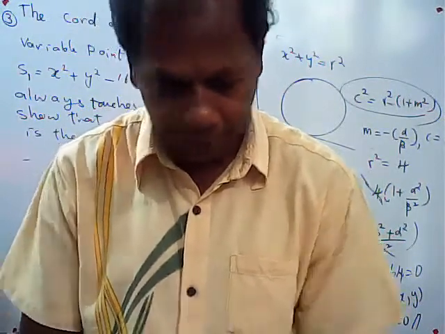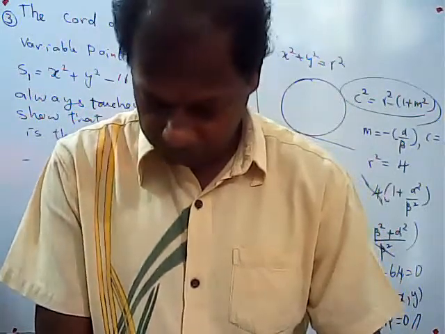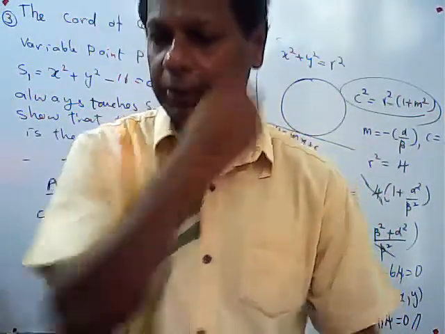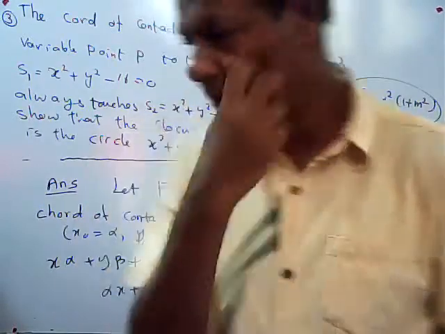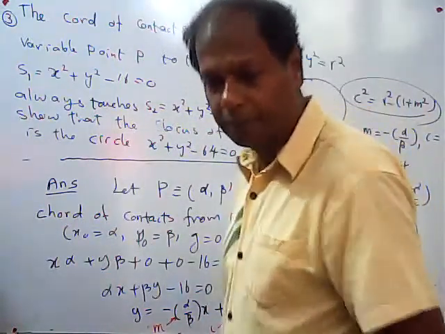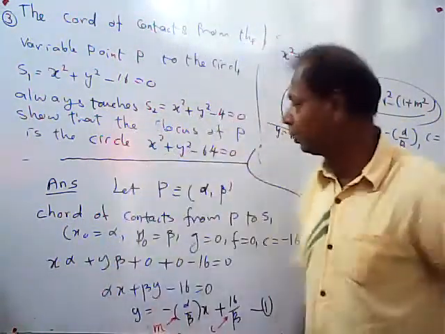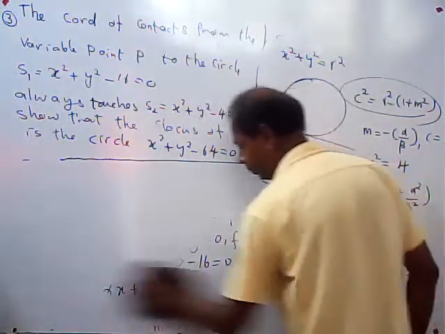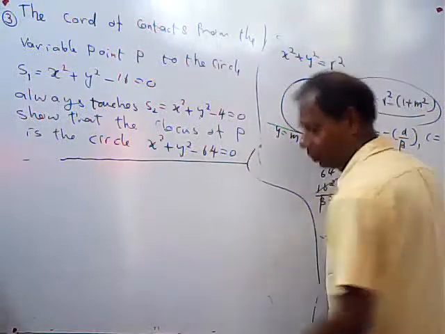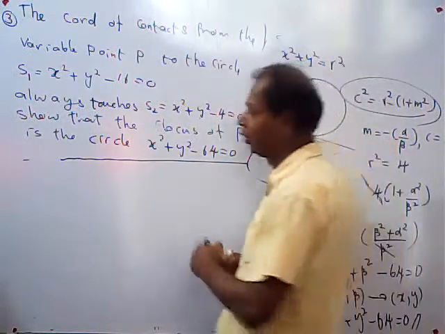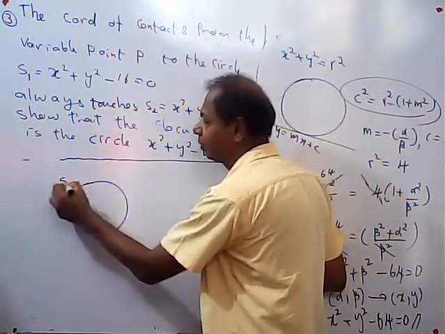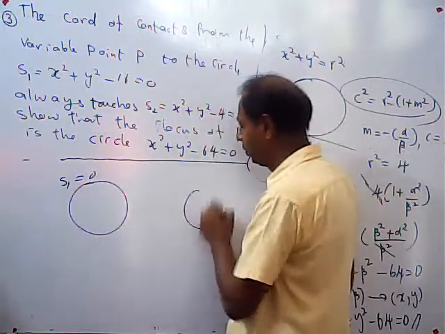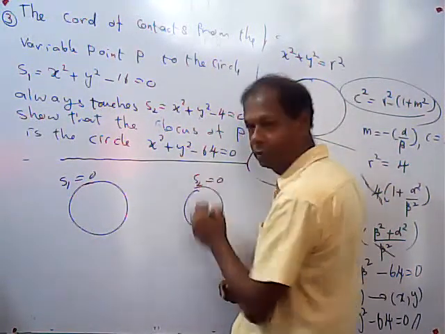You are asked to find again the path of a variable point. You are given two circles, S1 equals 0 and S2 equals 0.